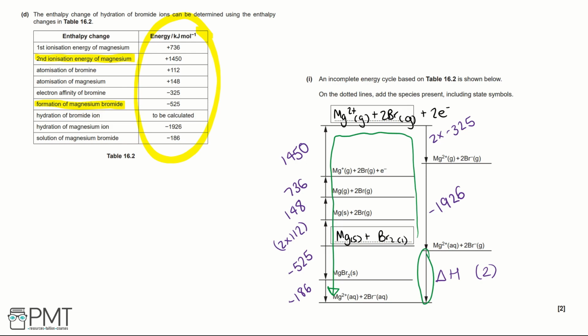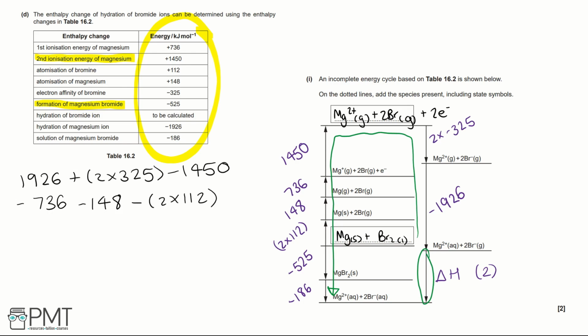So that's going to be positive 1926 plus 2 times 325 minus 1450 minus 736 minus 148 minus 2 times 112, and then we're going to minus 525, the sign is staying the same now, and minusing 186.